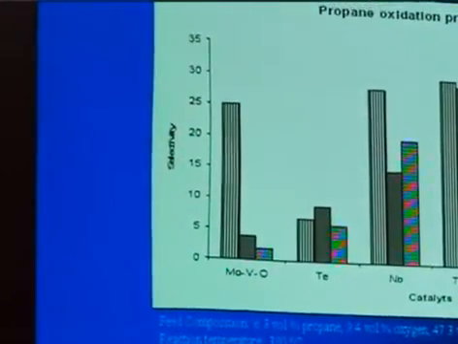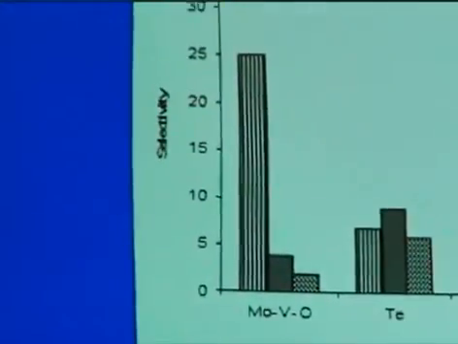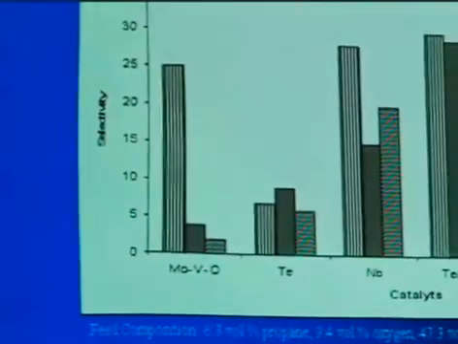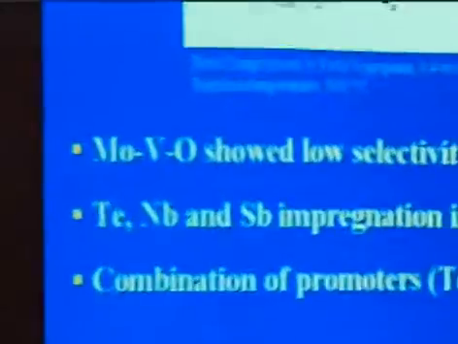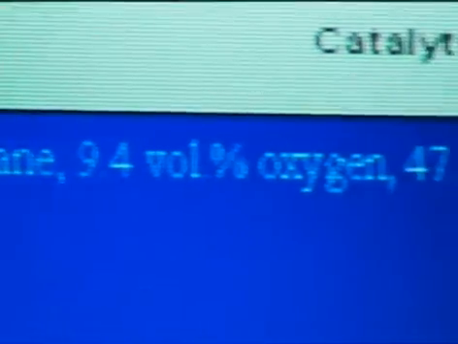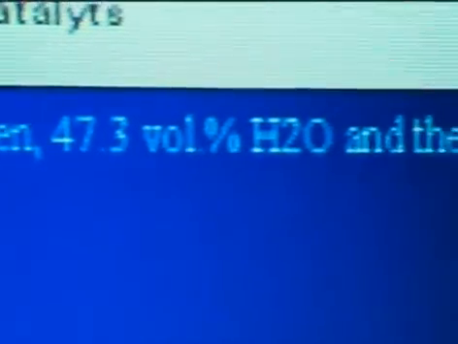This is done in a feed that contains 6.3% by volume propane and quite a considerable concentration of water vapor in the stream. Water vapor is critical for these multi-component catalysts to be able to selectively oxidize propane. You also see the conversion.